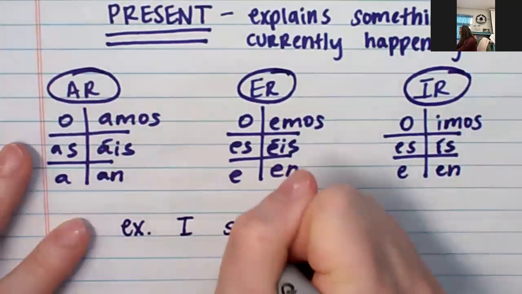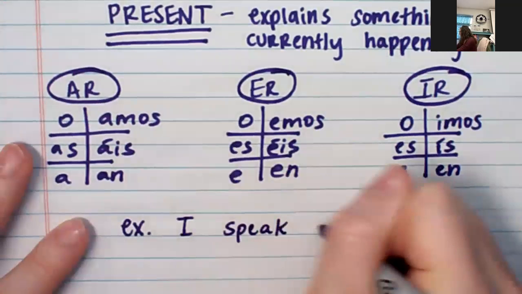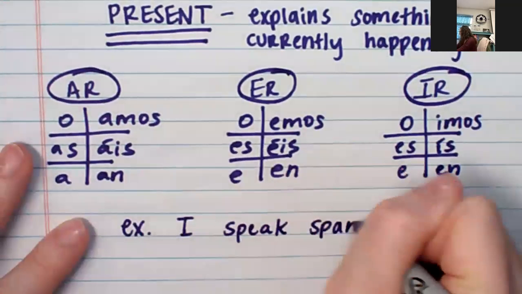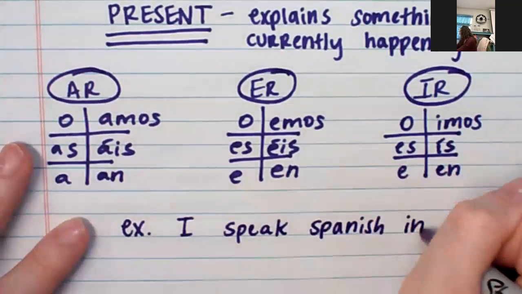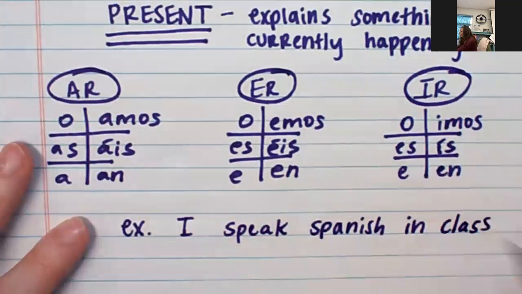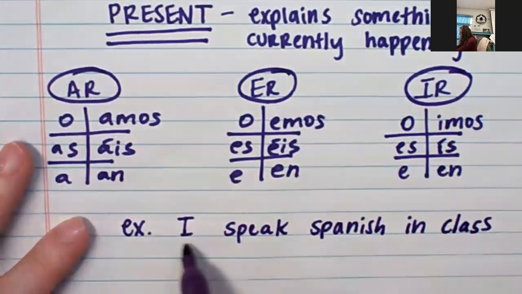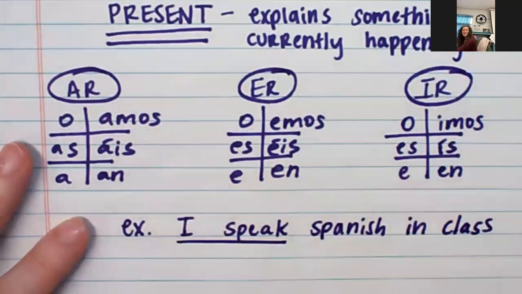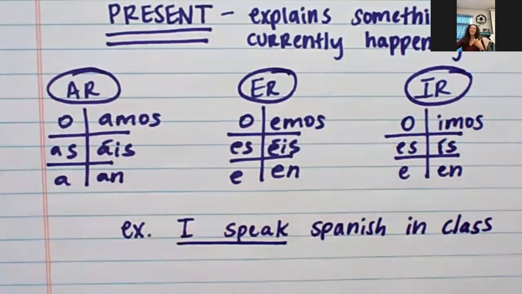So an example of this would be like if I said, I speak Spanish in class. This is in the present because it's currently happening. It's not in the past. It's not in the future. It's in the present.